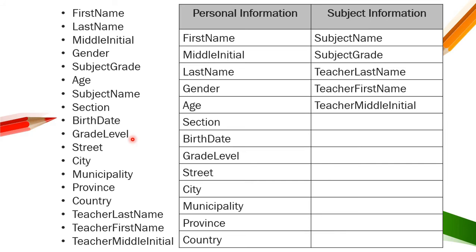While the subject information will be subject name, subject grade, teacher's last name, teacher's first name, and lastly, teacher's middle initial. That is how you assign the field names to their respective tables.